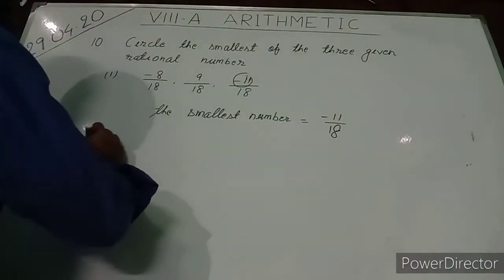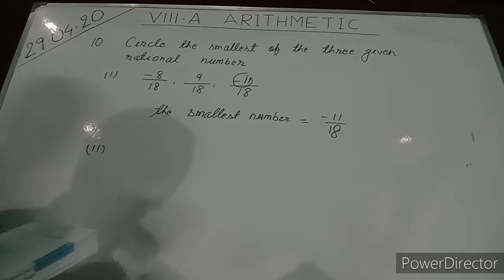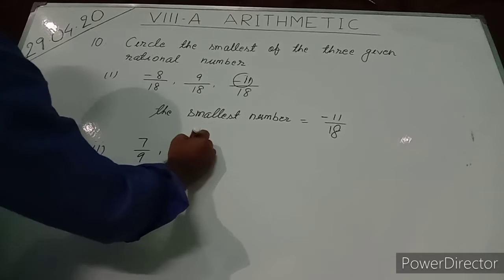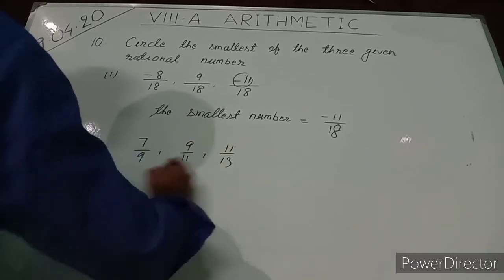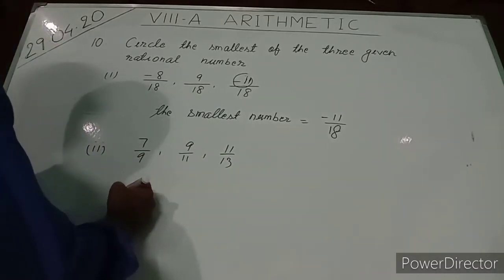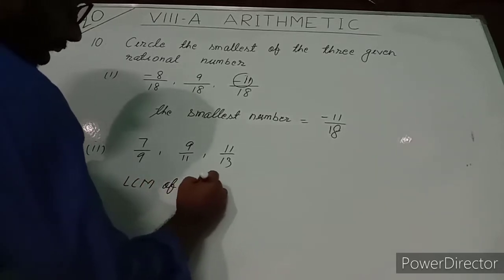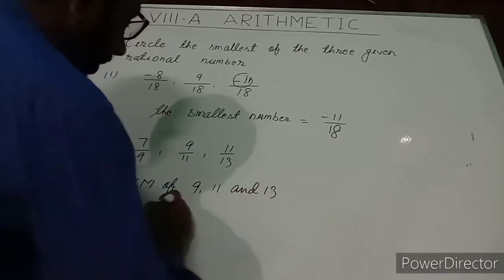Roman number 2, that question is 7 by 9, 9 by 11, 11 by 13. In this, all these denominators are different, so we'll take the LCM of 9, 11 and 13.